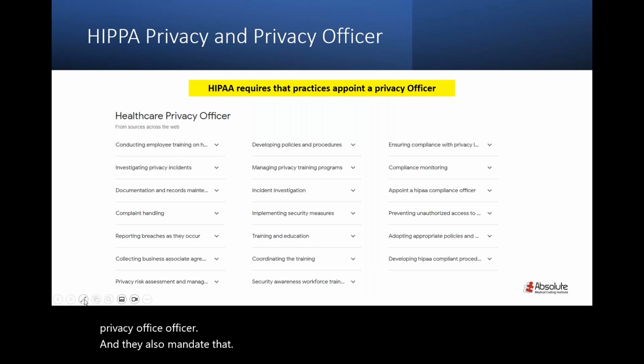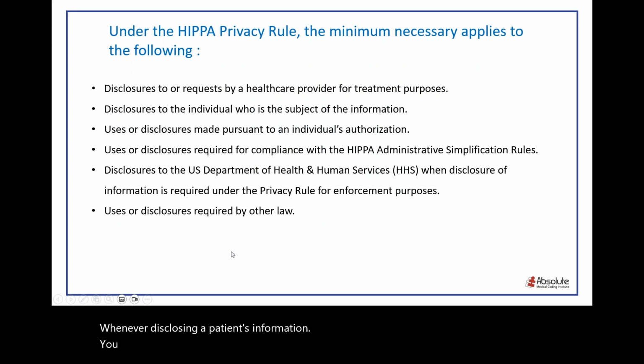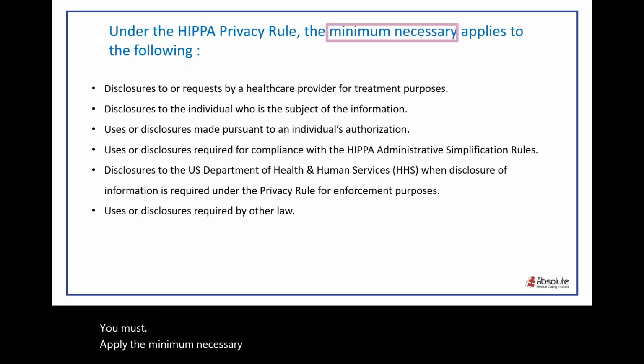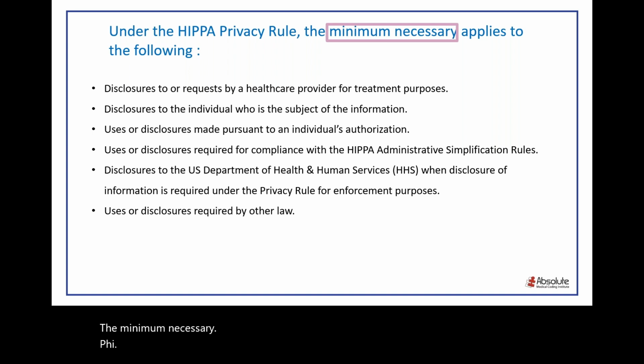whenever disclosing a patient's information, you must apply the minimum necessary rule, right? And what is minimum necessary? Minimum necessary means you need to give the minimum necessary PHI at all times.